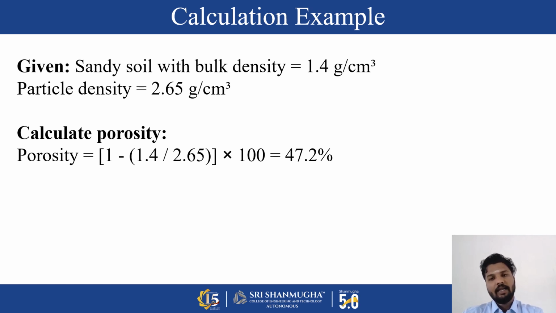We have to put the values into it, 1 minus 0.528. You can put the values in the formula, and it will come like this. One minute, I will mark that. So we have put the values in that formula: this is the bulk density value, and this is the particle density value.